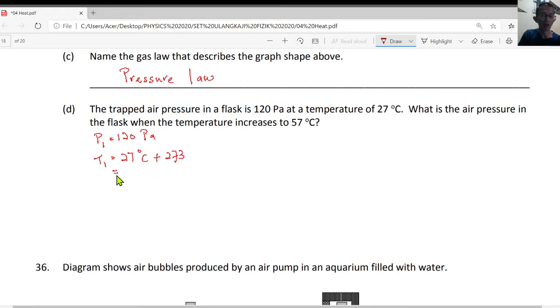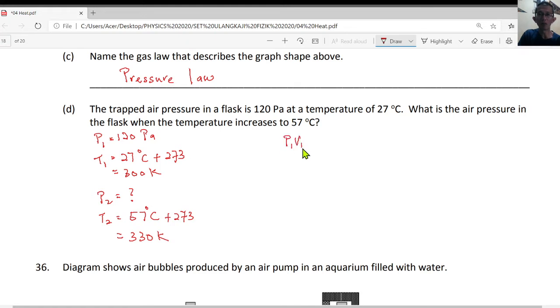So my T1 is 300 Kelvin. P2 is what we don't know, but my T2 is 57 degrees Celsius. Again, convert this to Kelvin, so we add 273. So my T2 is 330 Kelvin.